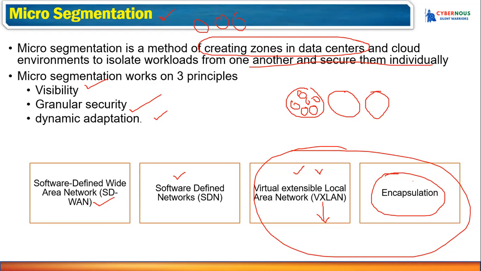Those are the kinds of things we can implement, which we can also call granular security. We can have much finer grained security by implementing micro segmentation. Okay, so that is one of the topics which is part of your CISSP syllabus.